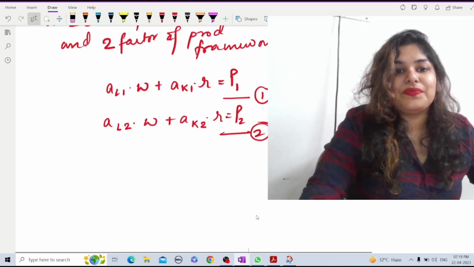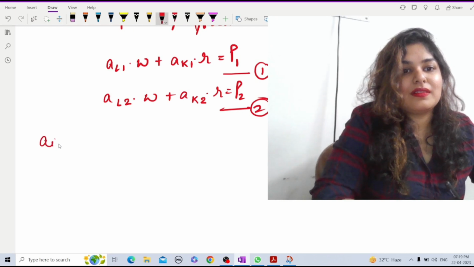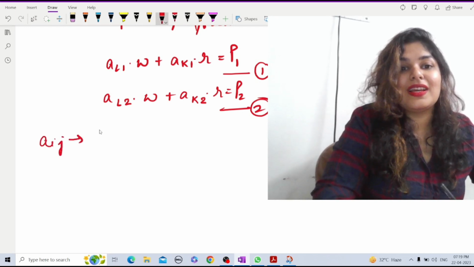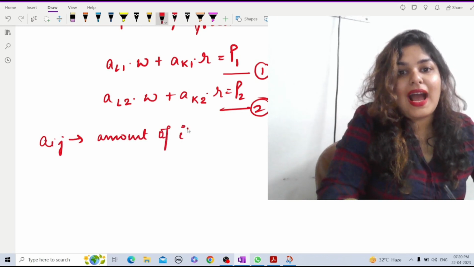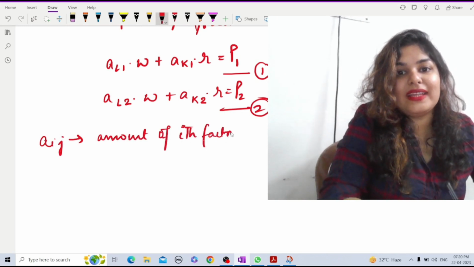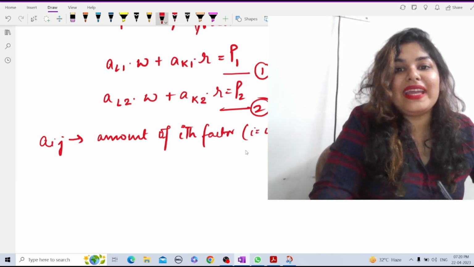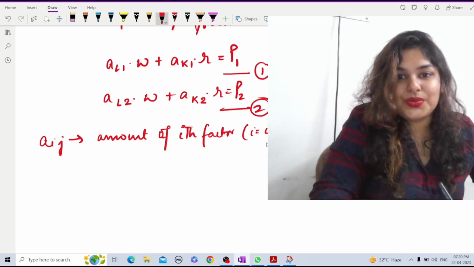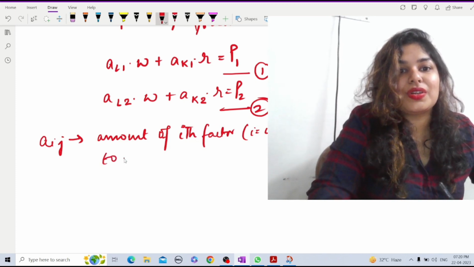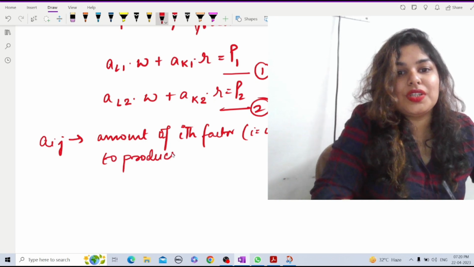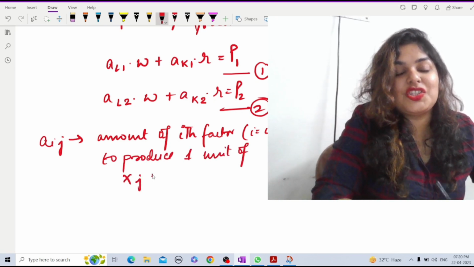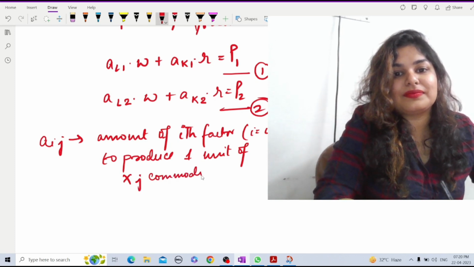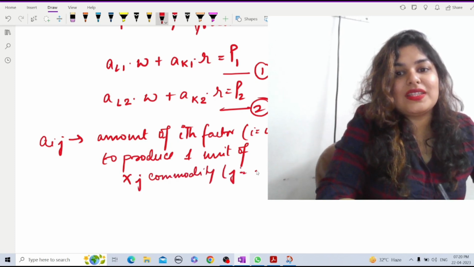So here Aij represents the amount of ith factor, where i is equal to L, K, used to produce 1 unit of the xj commodity, where j is equal to 1, 2.